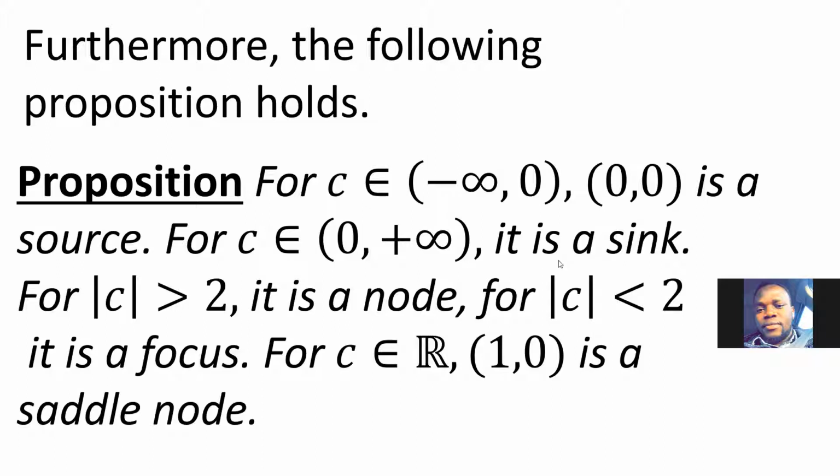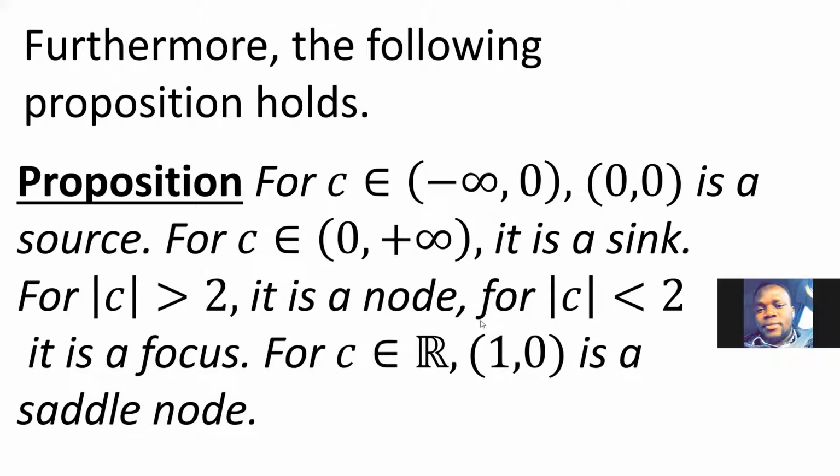If c is between -2 and 2, (0,0) is a focus: a stable focus if c is between 0 and 2, and an unstable focus if c belongs to (-2,0).